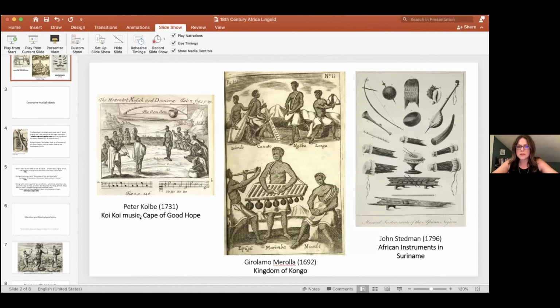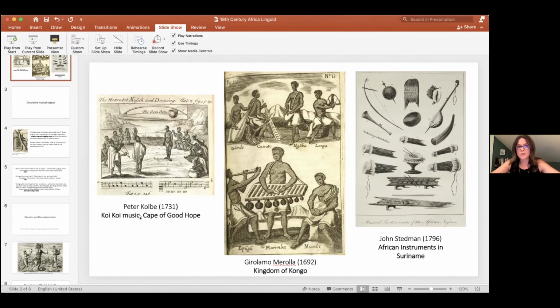And in this image, as a musician, I find it really interesting because you can see how the instruments were played. It's a useful image in some ways. It's not particularly exoticizing, it's more trying to explain the instruments. And so I find that quite interesting.